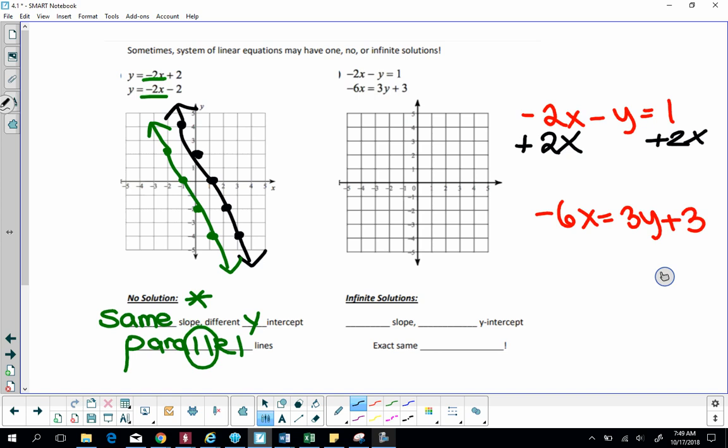Then what do I do? It's okay. You can fix it. Now tell me what to do. What do I bring down? Negative y equals, and then how do I rewrite that? It's 2x and 1. Can I combine them?